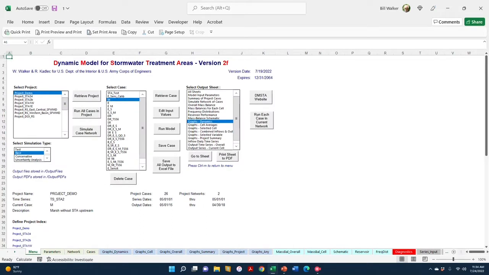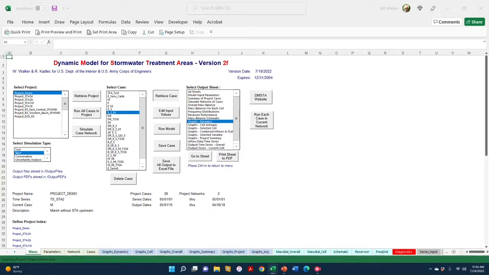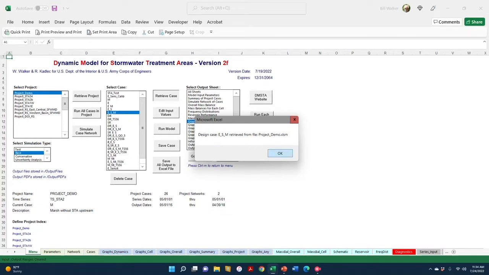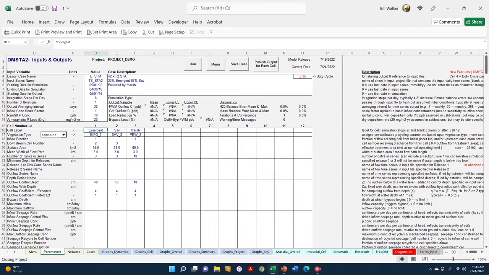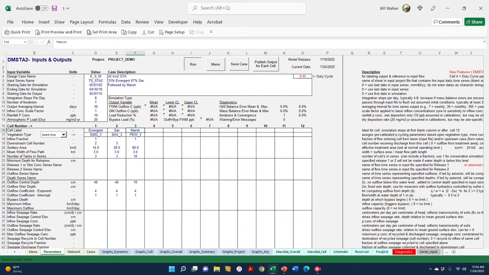So let's go with this one. So this illustrates, typically if you're just designing an STA, you would stop at the SAV cell, but here we're going to look at the downstream transect as well.